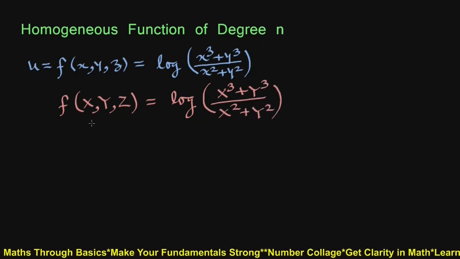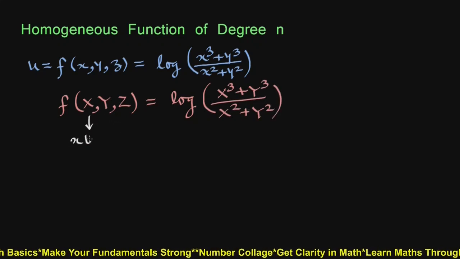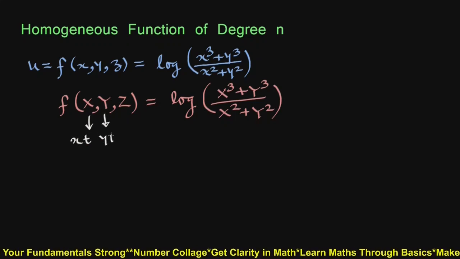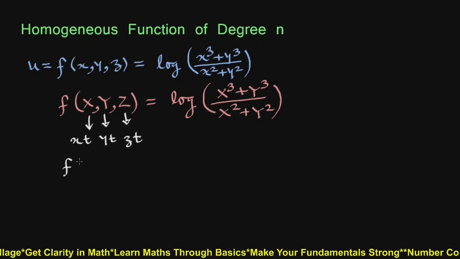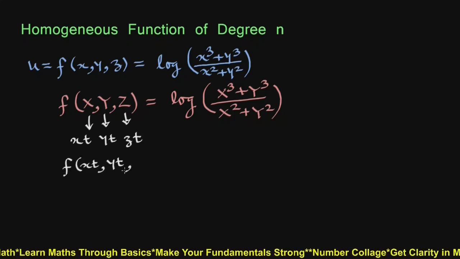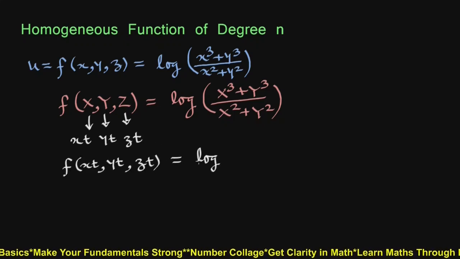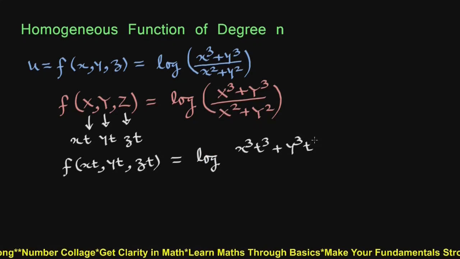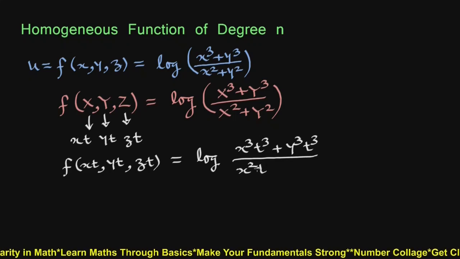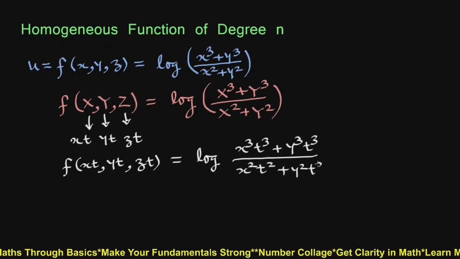Next we replace xyz by small xt, yt and zt, so that f of xt, yt, zt will be log of x cube t cube plus y cube t cube upon x square t square plus y square t square.